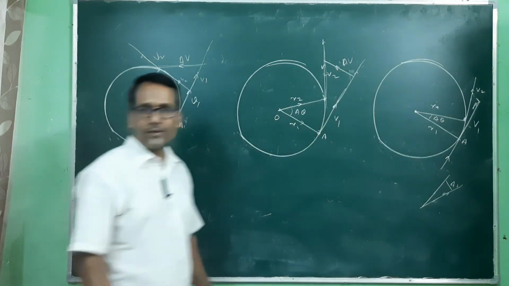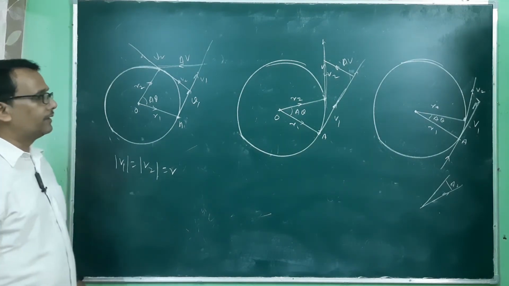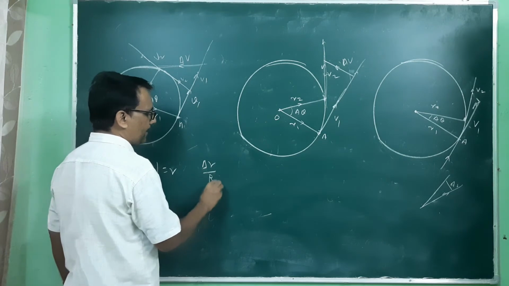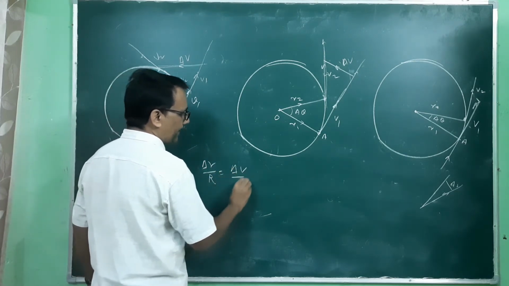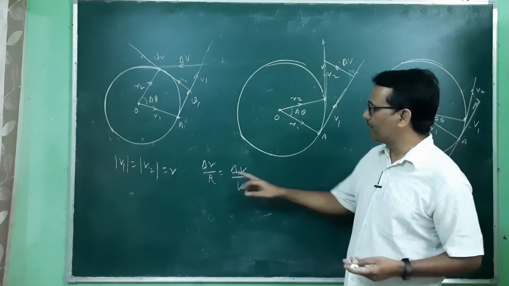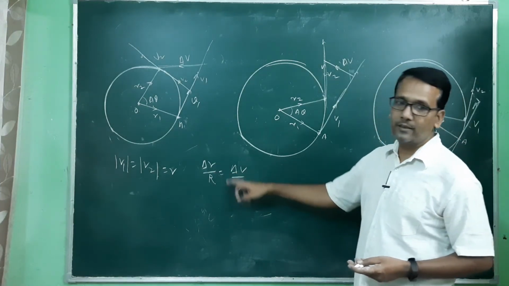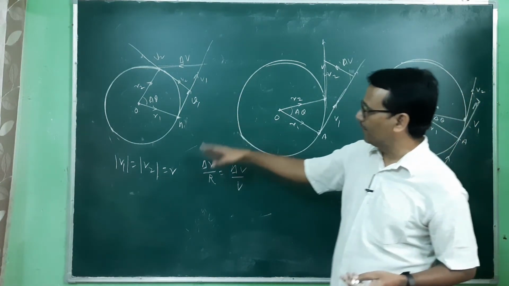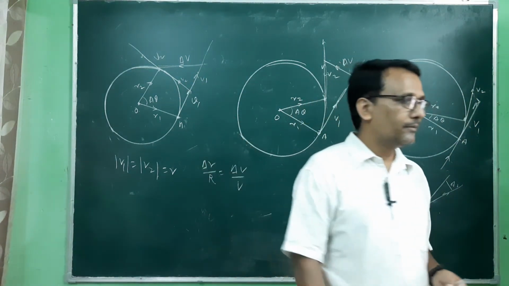So from the definition of this angle, one can write this delta R by R is equal to delta V by V. So theta can be defined in terms of this R and R, and also one can represent this by the ratio of velocity, because of this vector form of this velocity.